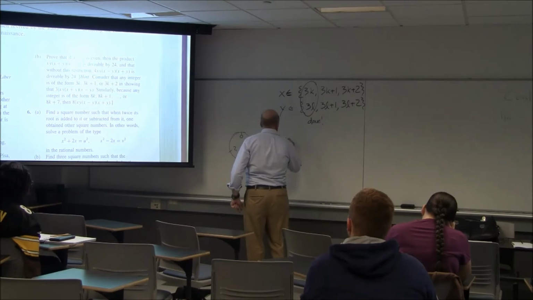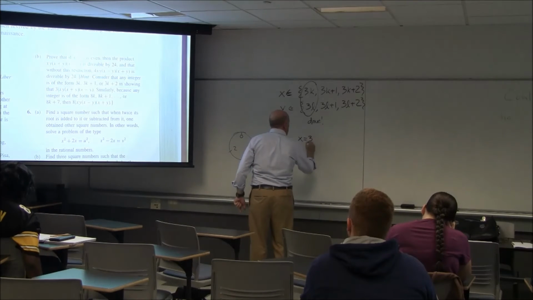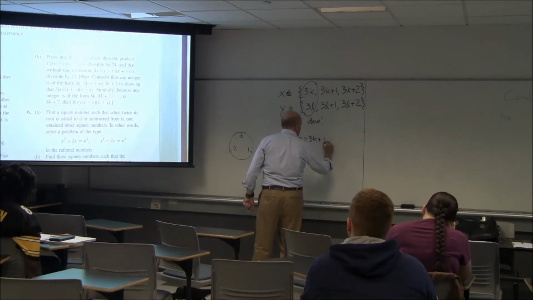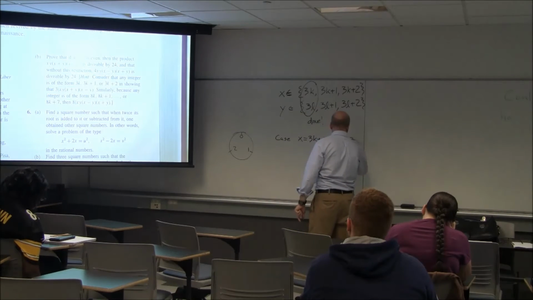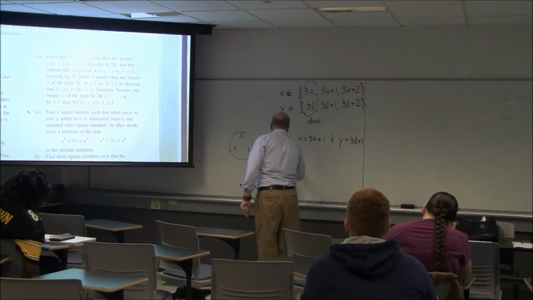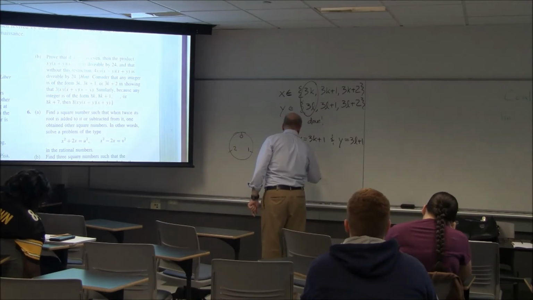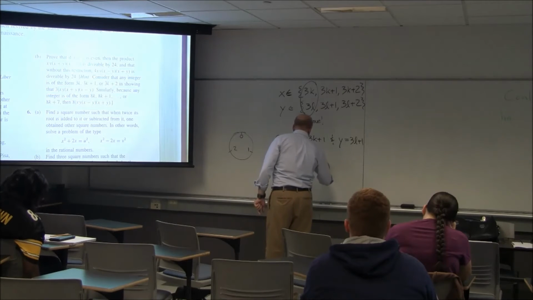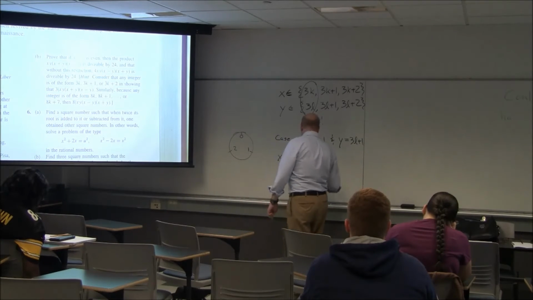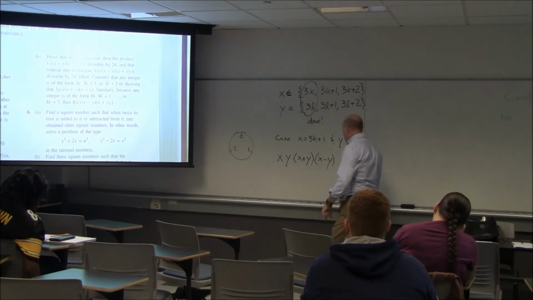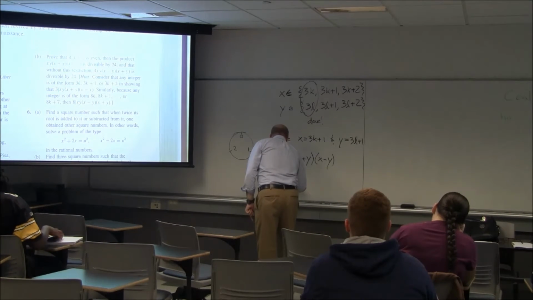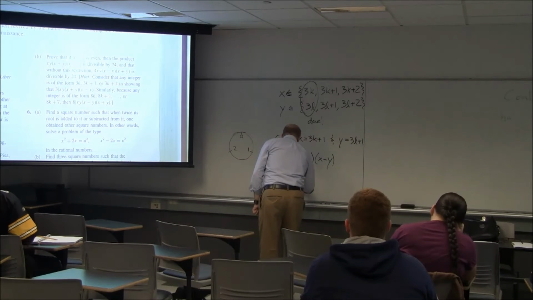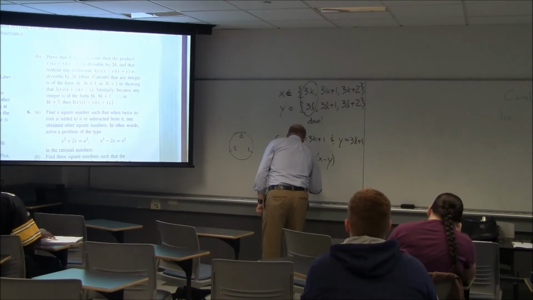Case 1 would be x is 3k plus 1, and y is 3l plus 1. So x times y times x plus y times x minus y looks like 3k plus 1, okay, not divisible by 3. 3l plus 1, also not divisible by 3.